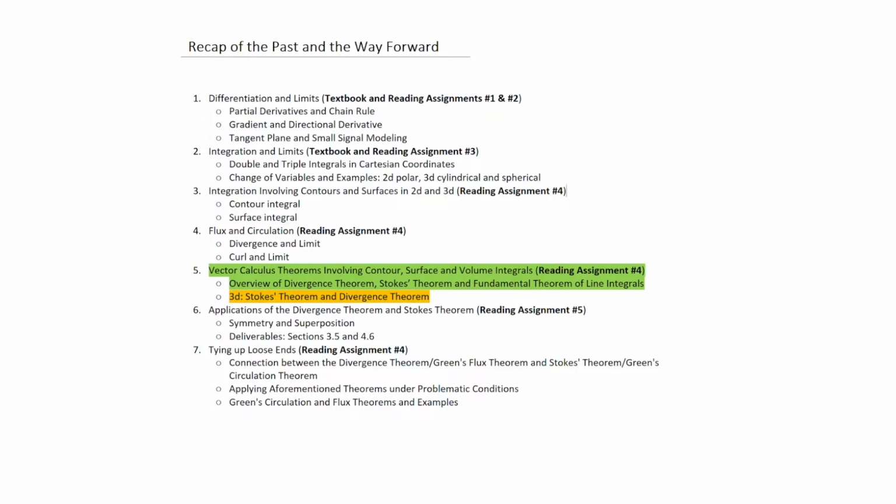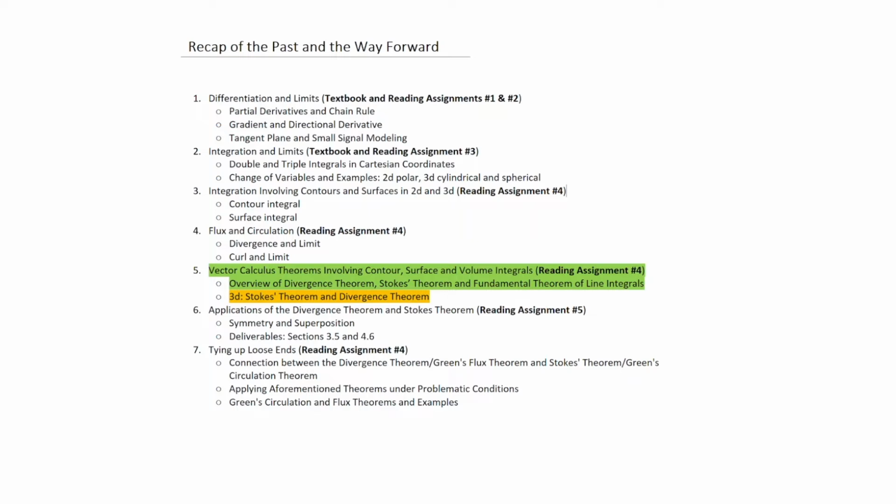In the last lecture, I gave you a summary of the various vector calculus theorems without going into specifics, so you could understand the geometric meaning of these theorems and what the various symbols stand for. Now we're going to focus on applying, in a simple example using geometry, both Stokes' theorem and the divergence theorem.